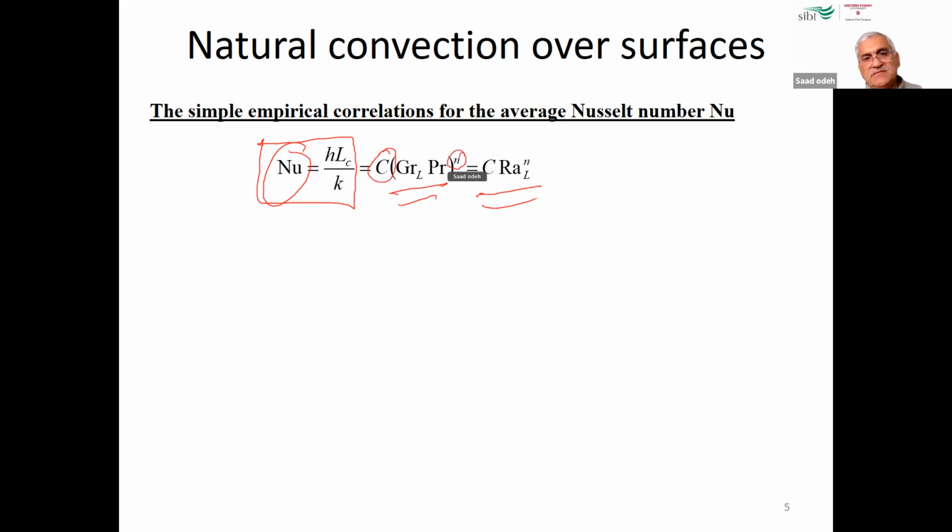And these constants are given in tables. So I'll show you very soon. Based on the Grashof number, once we find the Grashof number, I can go to tables and find what the values of C and n are to substitute them in this equation.